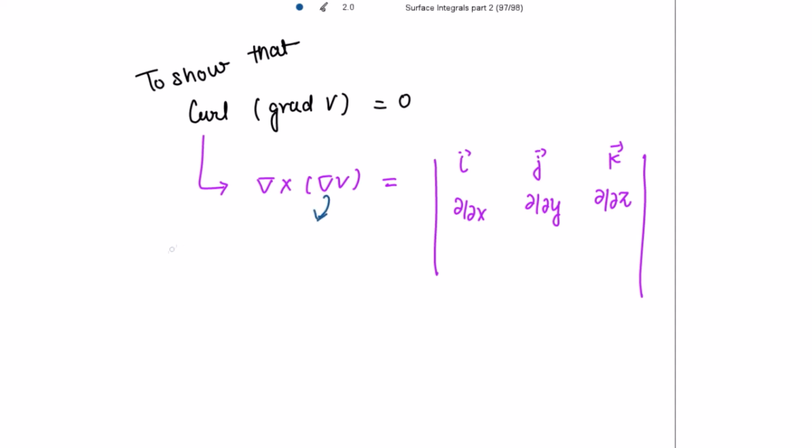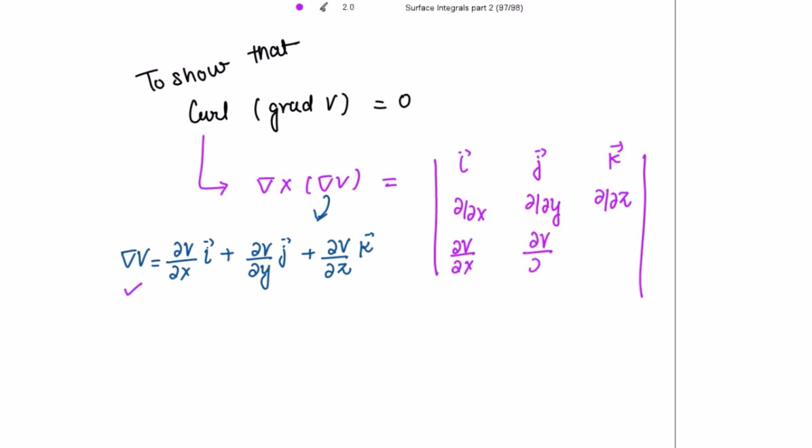It is partial derivative of V with respect to x i vector, plus partial derivative of V with respect to y j vector, plus partial derivative of V with respect to z k vector. This is your grad V. So now writing the components of this grad V over here: partial derivative of V with respect to x, y, and z.